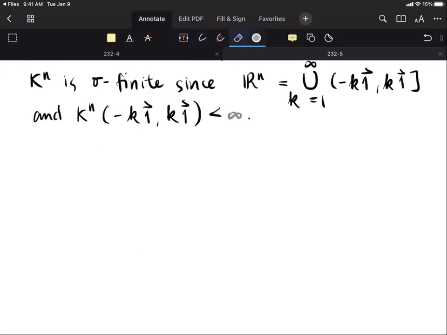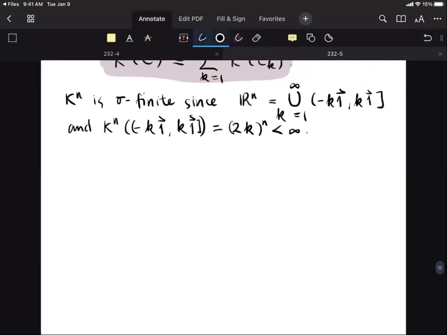Okay, so if I'm not mistaken, this is 2k to the n, which is obviously finite, since each interval would produce a 2k length.